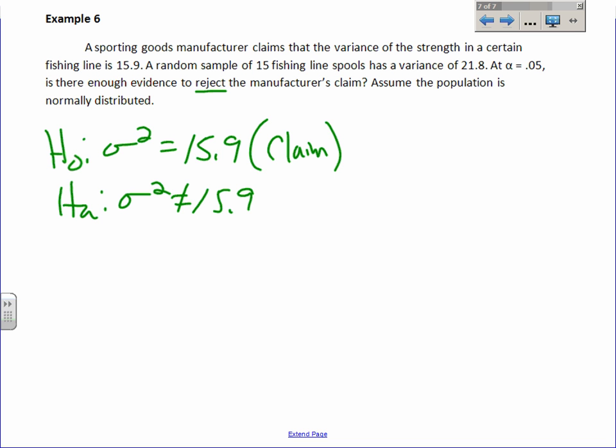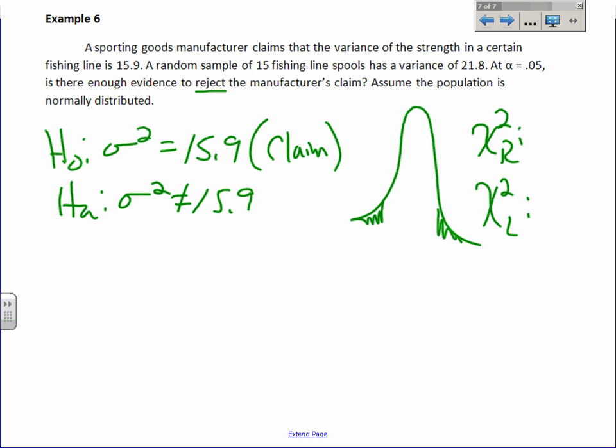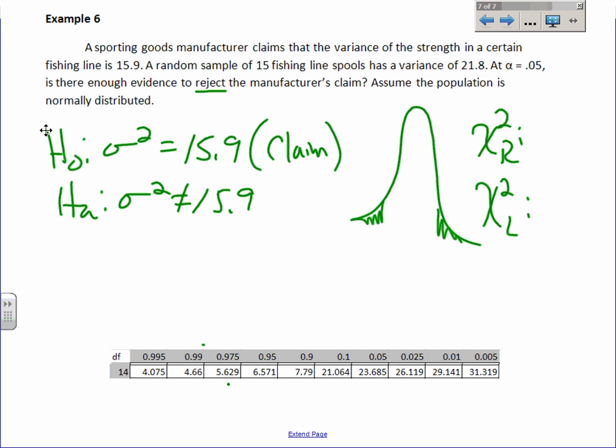All right, and so this is, as I kind of mentioned earlier, going to be chi-squared because that's the one we haven't done yet. And so we've got 2 of them to find. There it is. And let's see, what's our degrees of freedom here? 14? Yep. And what's alpha? 0.05.